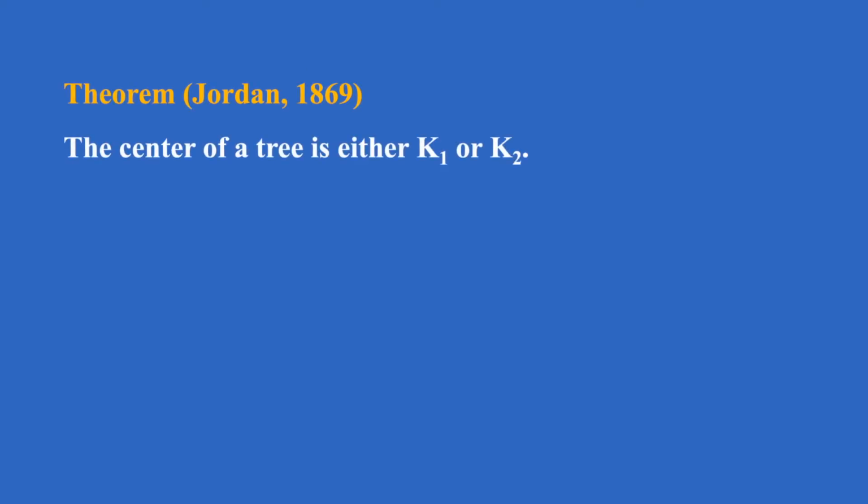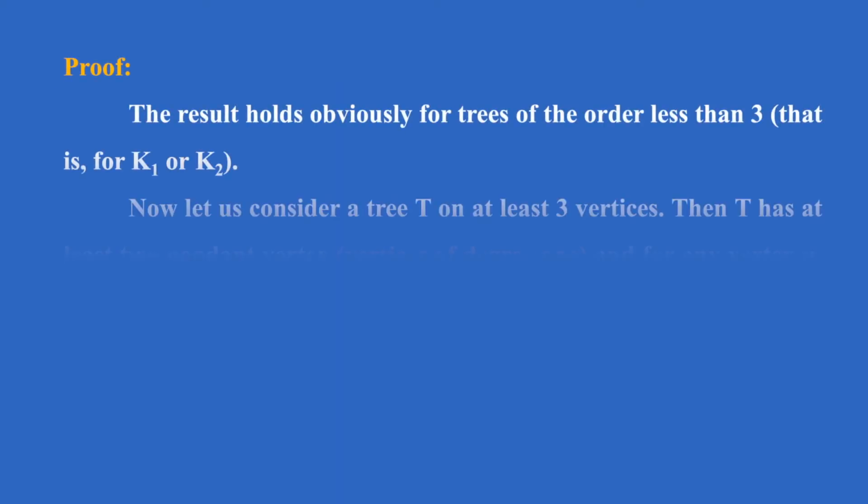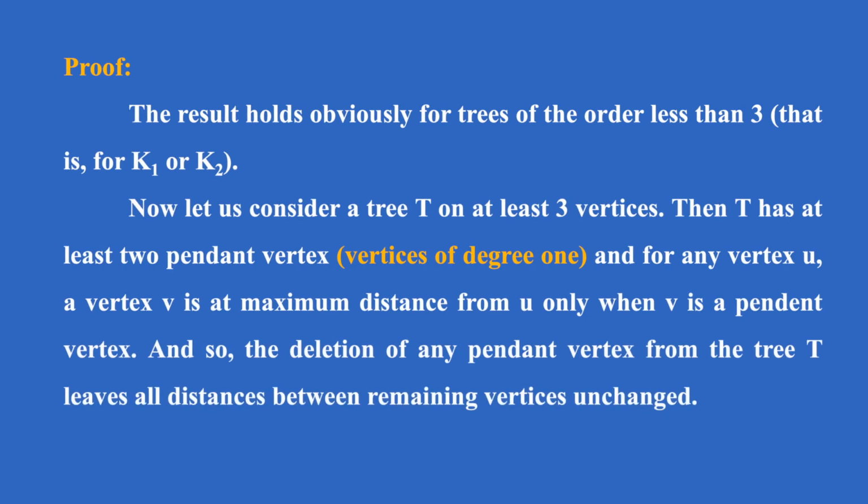We shall see the next theorem, which is due to Jordan, that describes the center of a tree. The center of a tree is either K1 or K2. We shall see the proof now. The result holds obviously for trees of order less than 3, that is for K1 or K2. Now, let us consider a tree with at least 3 vertices.